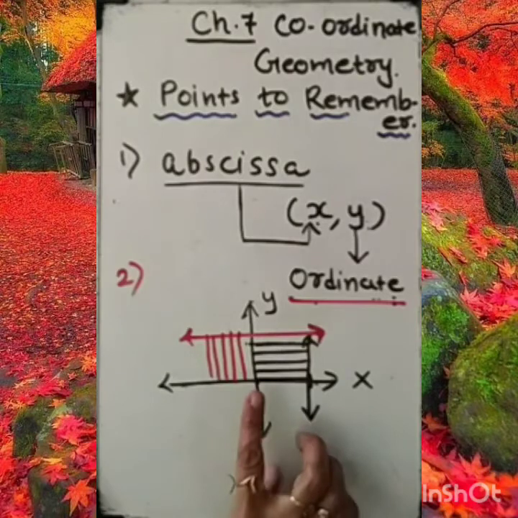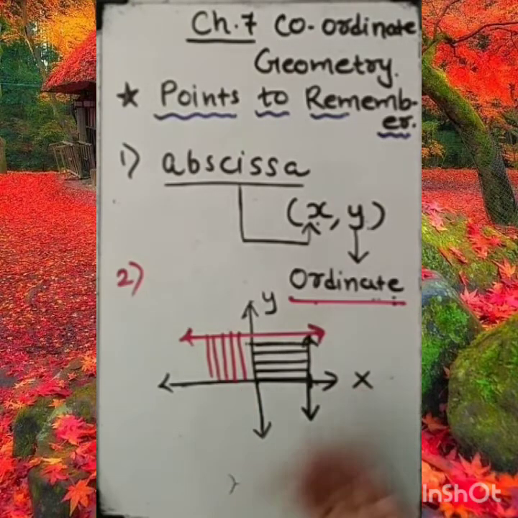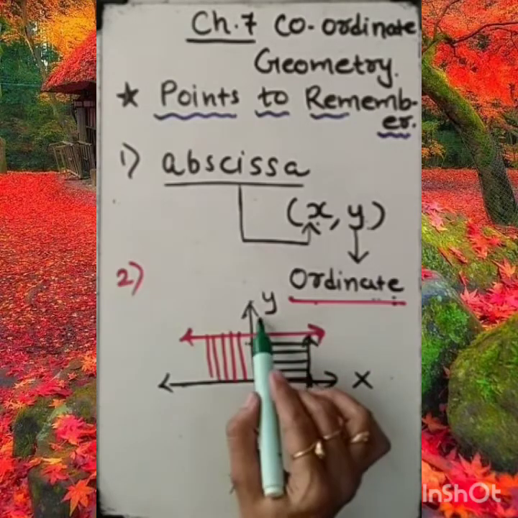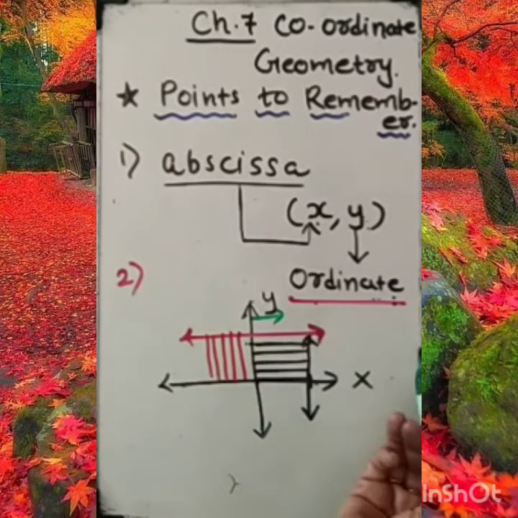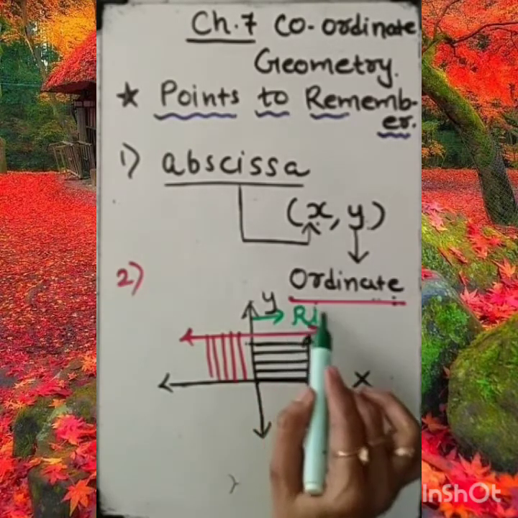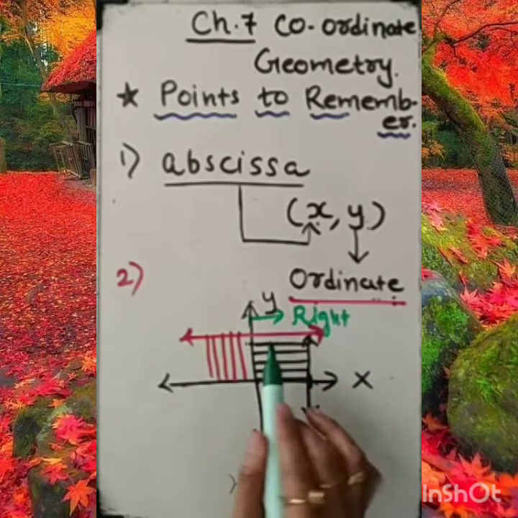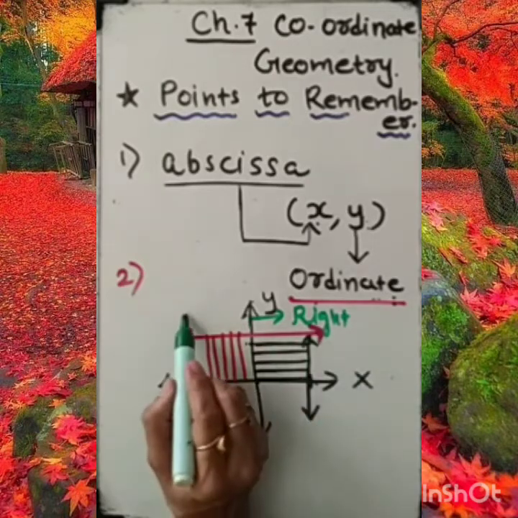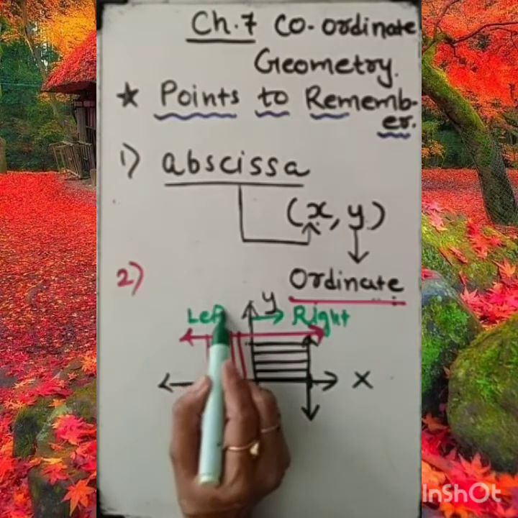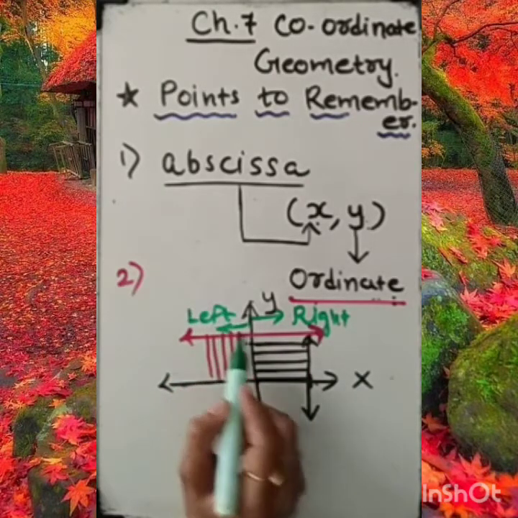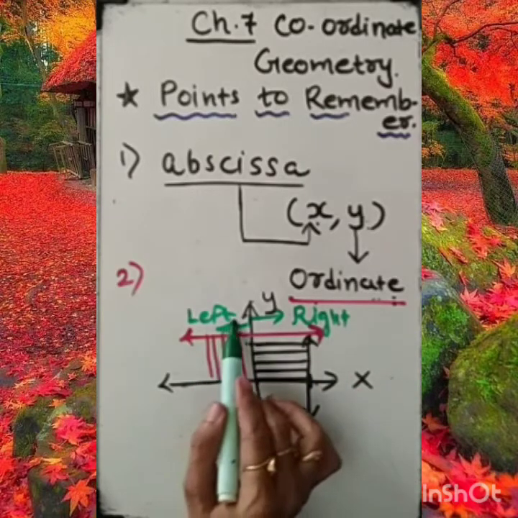Situated on the right side of the y-axis means we are talking about the right side of the y-axis. This is the y-axis. This side is the right side, and of course this side is the left side of the y-axis. Clear to you?